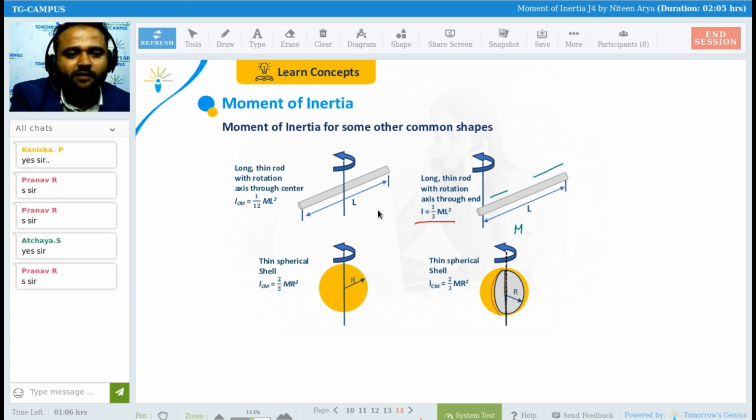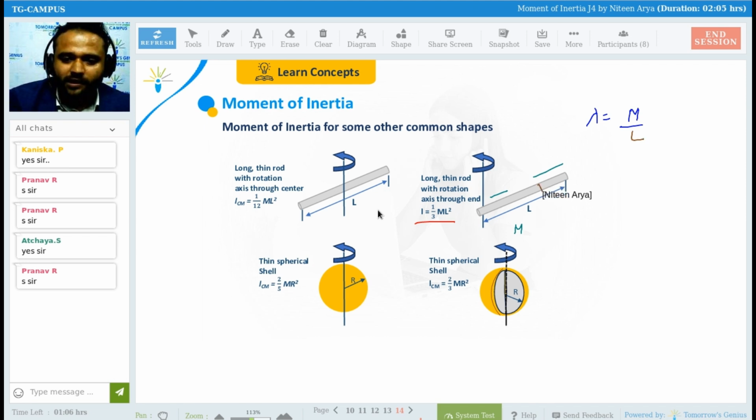So, since it is a one-dimensional thing, I can do this. This is total mass per length, the linear mass density, for this particular rod of total mass M and total length L. Is this clear everyone?